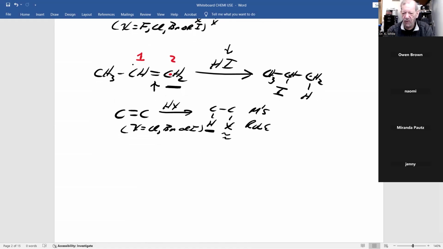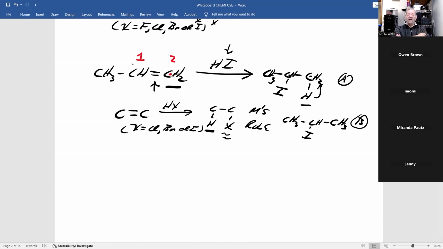Now, if you want to, and you don't have to, you can take this hydrogen and move it up, and that's another way of writing this, which would also be correct. Let's call this A and B. Either one would be correct on a test, but I'd recommend you do A. Why?